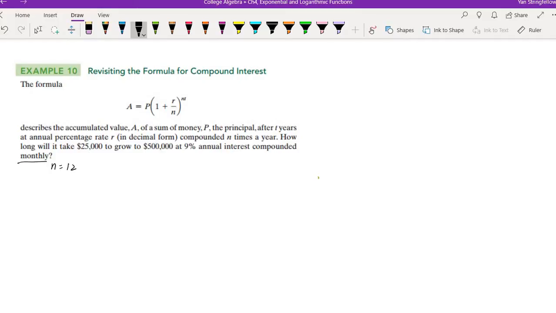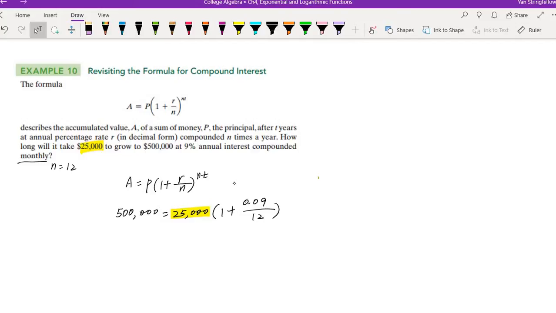So now let's plug in everything. In the end, we grow this into 500,000. The initial amount was 25,000, multiplied by 1 plus r, which is the interest rate. The interest rate is 9%, which I'm going to turn into 0.09, over 12, and then 12 multiplied by t, where t is the years.